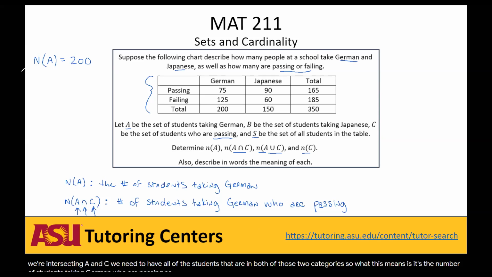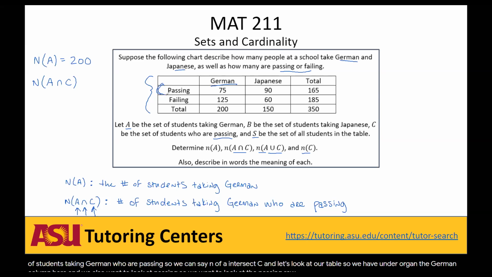So we can say N of A intersect C, and let's look at our table. So we have, again, the German column here, and we also want to look at the passing row, so this guy.